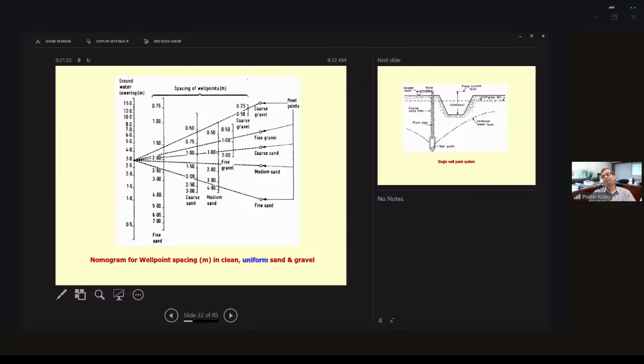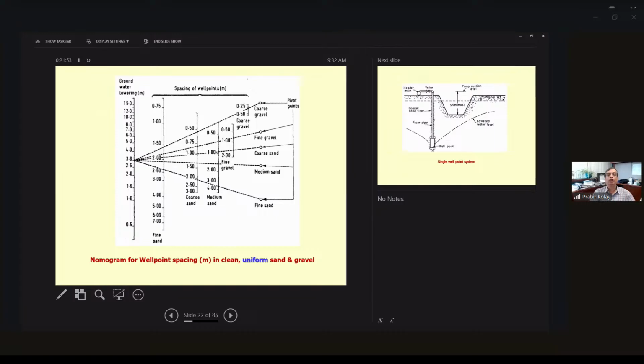You can use a chart or nomogram for the well point spacing. You need to know how much groundwater reduction you need. The second column is the spacing of well points, and in the last column you see what type of soil. So depending on what type of soil you are working on, whether it is uniform sand and gravel, this chart is for clean uniform sand and gravel.